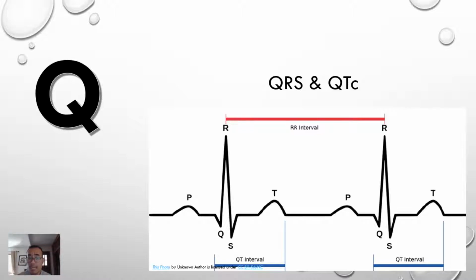And that could become problematic because if the QT becomes too long for a longer period of time, about 500, and if the patient's magnesium is on the lower end, it puts them in a state where they can develop an arrhythmia that we call torsades de pointes. So you want to make sure that you prevent that from happening by keeping an eye on your QTc. And this goes back to your monitor. In your monitor, there's an option for you to turn on the QTc monitoring. So make sure that you keep that in mind.